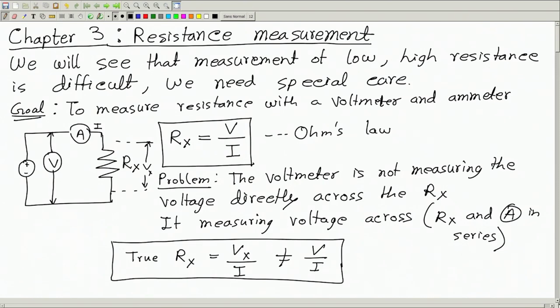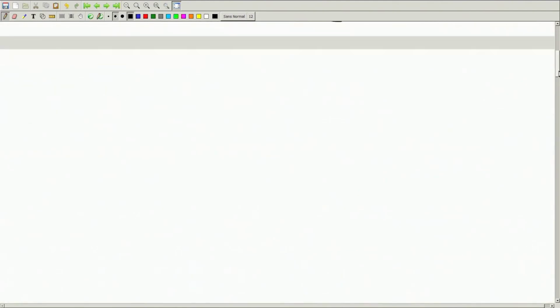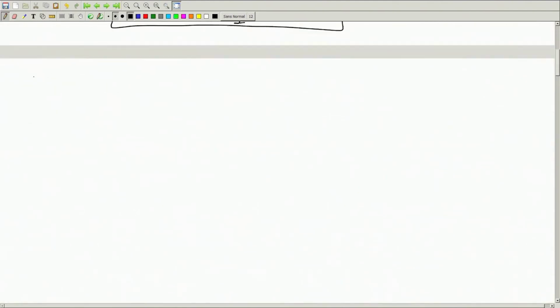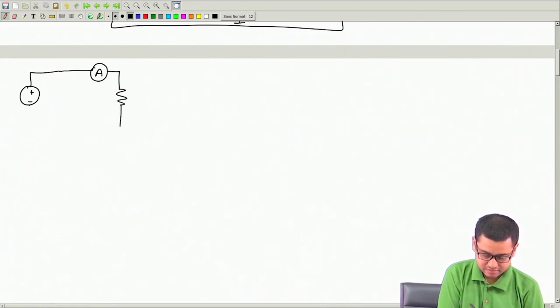Let's try that. Let's make another circuit. The previous circuit was like this. This is the previous circuit.